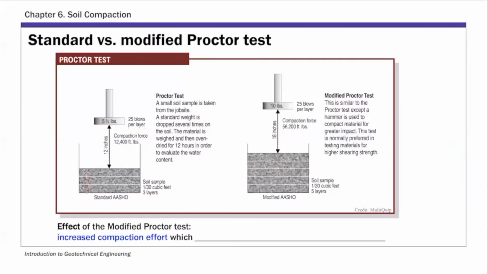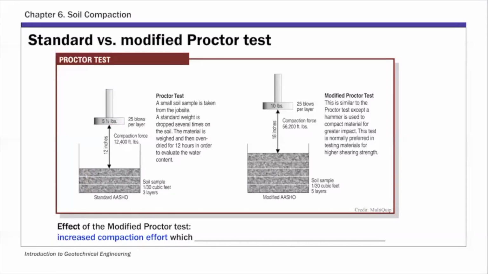This Proctor test was later modified by the US Corps of Engineers during World War II to construct airfields. The reason is that the modified Proctor test better reflects modern compaction equipment and the behavior of higher strength materials.